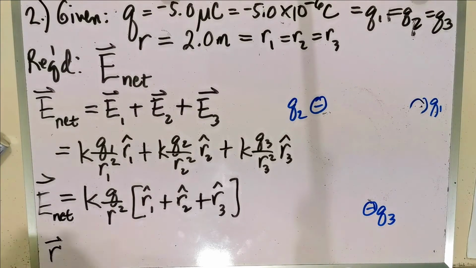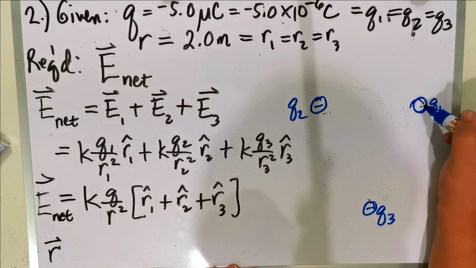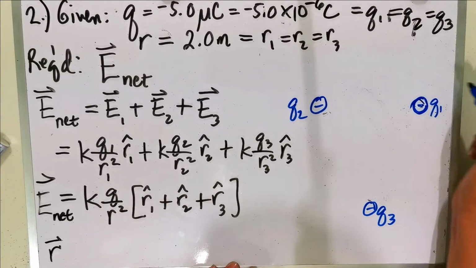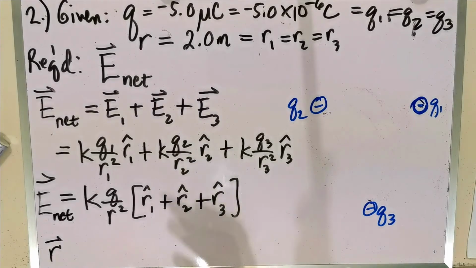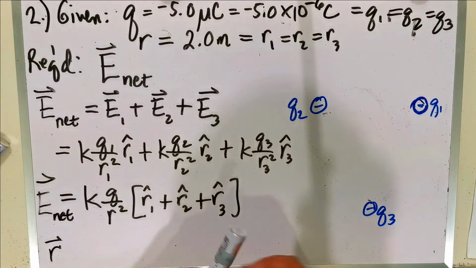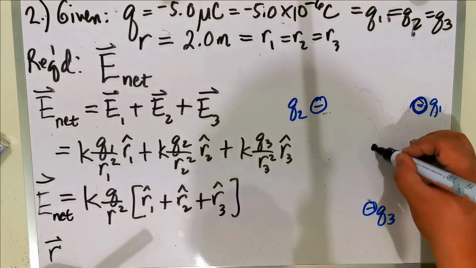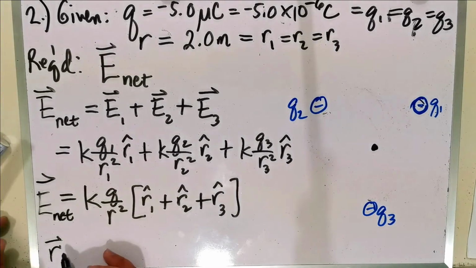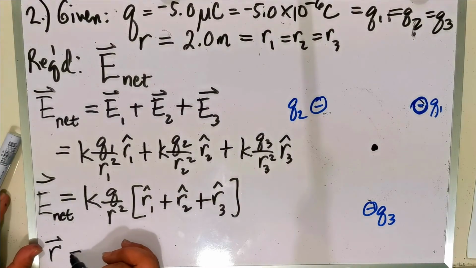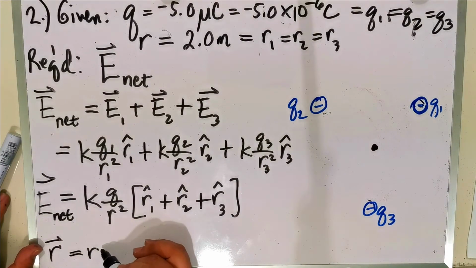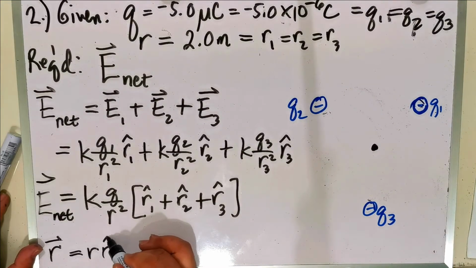In these cases, our R1 hat, R2 hat, and R3 hat correspond to their respective R vectors, which go from your source towards the field point. So the vector R has magnitude R and direction R hat.